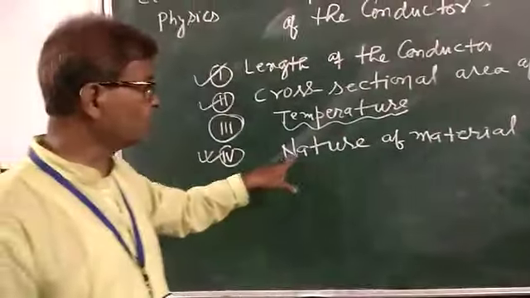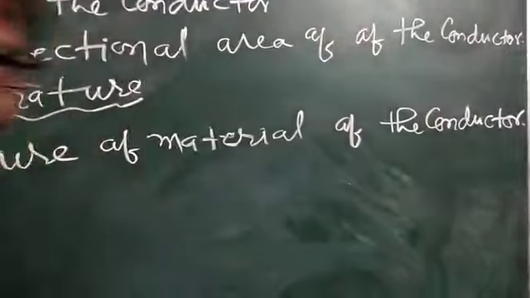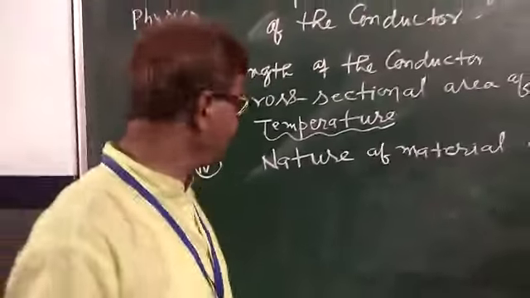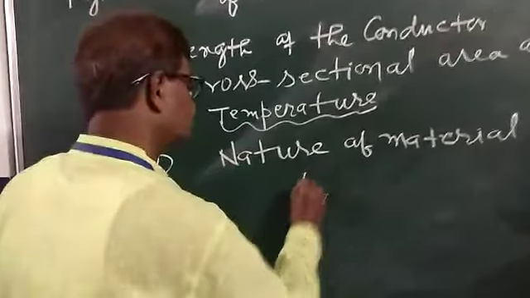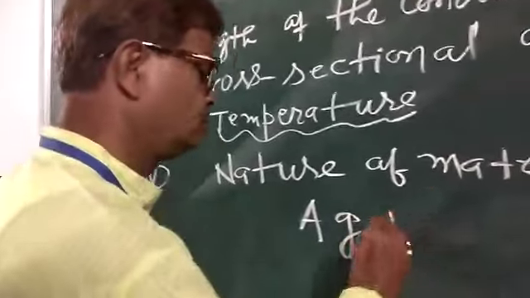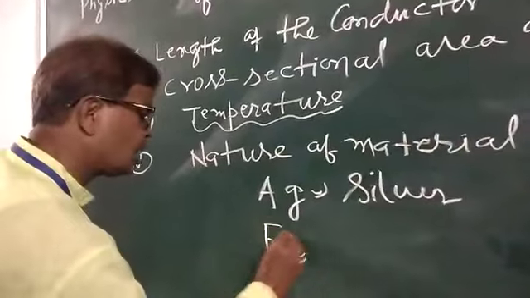The resistance of the conductor also depends upon the nature of the material of the conductor. Let's have an example of that. You have two substances like silver and iron.